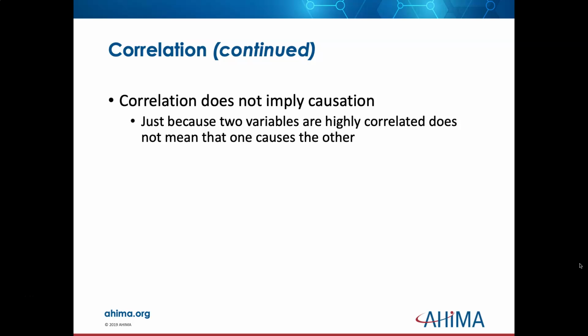Correlation does not necessarily imply causation. Two things can be correlated without one causing the other. So be careful about that. Don't presume that just because there's a correlation that there's causation. That may not be true. Things can be correlated by a totally different cause. And they may be caused by two different things even though they do correlate.